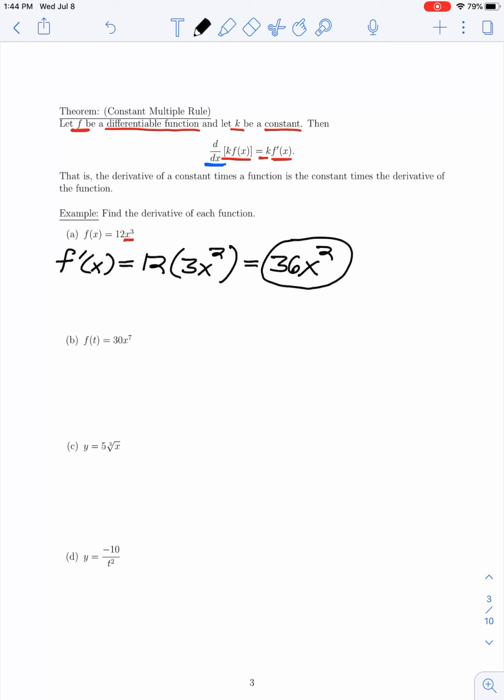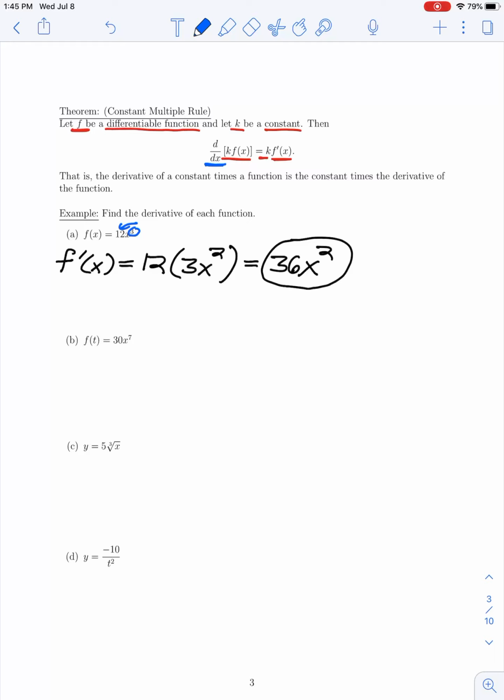Now sort of an easier way to consider this constant multiple rule is the following. When we apply the power rule here, we take the exponent 3 and we bring it down in front of the power of x.